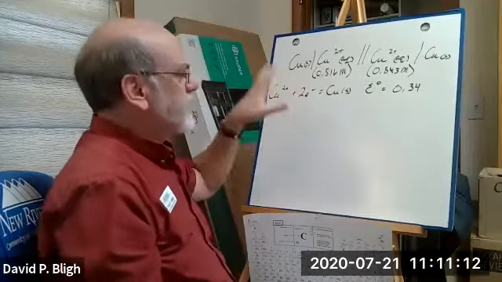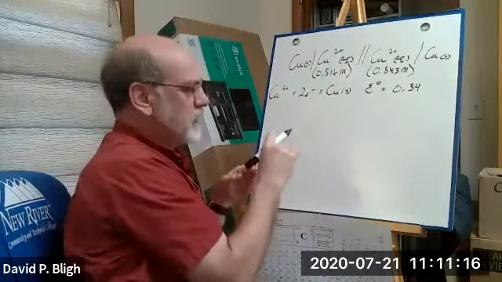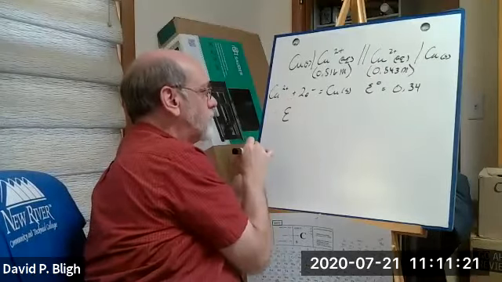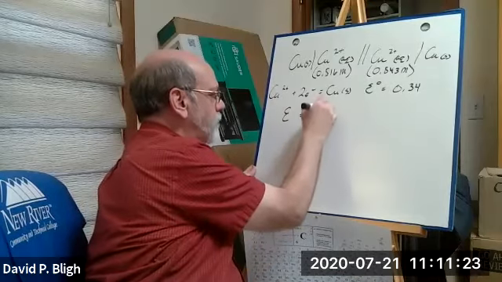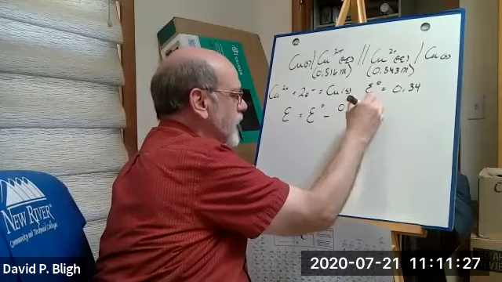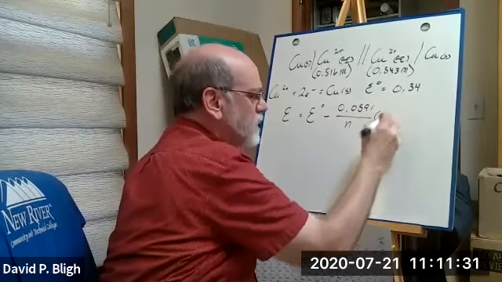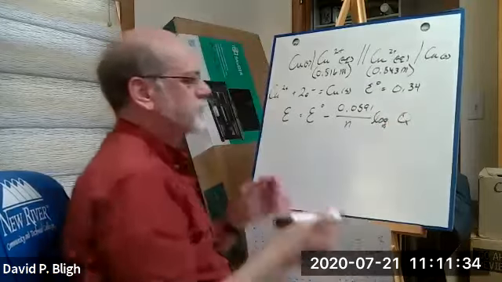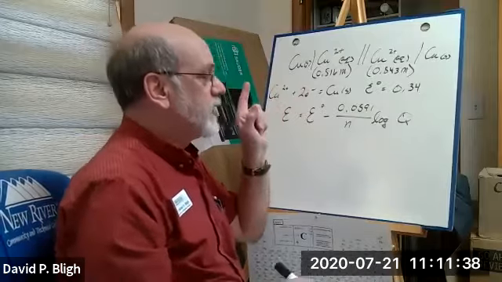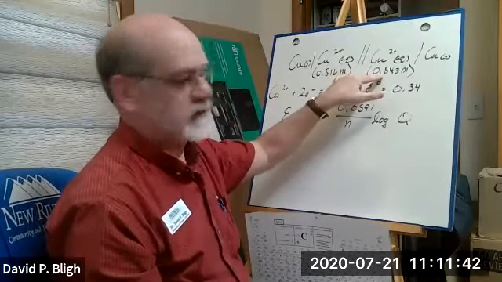Now, when you have a setup like this, we're going to use the Nernst equation, minus times log of Q. So in order for this to be Q, these have to be different concentrations.